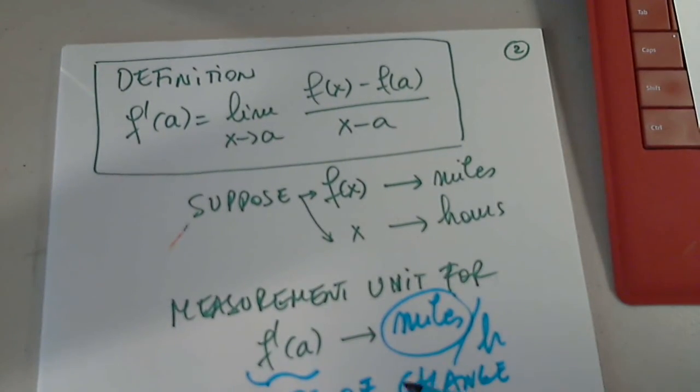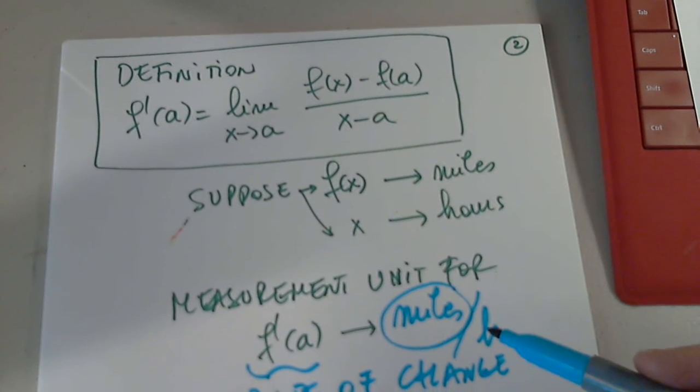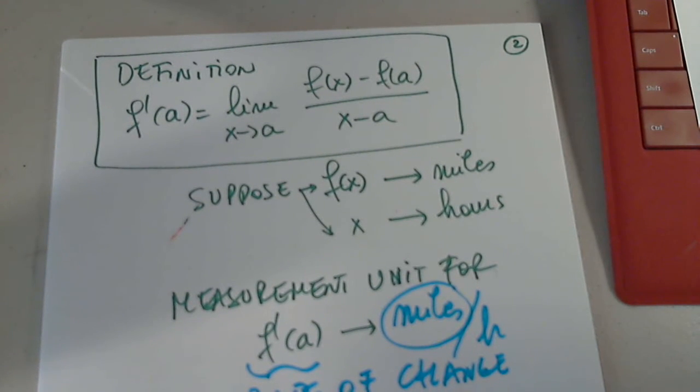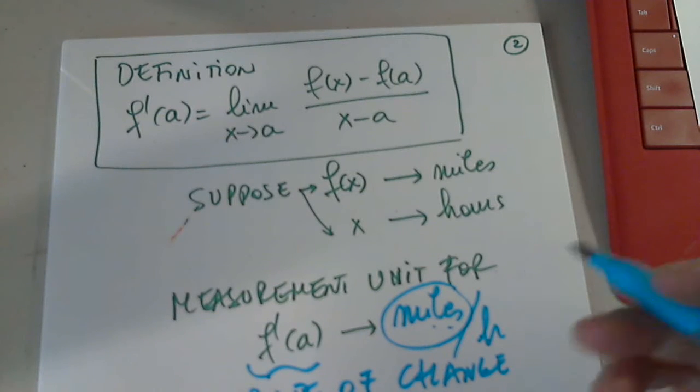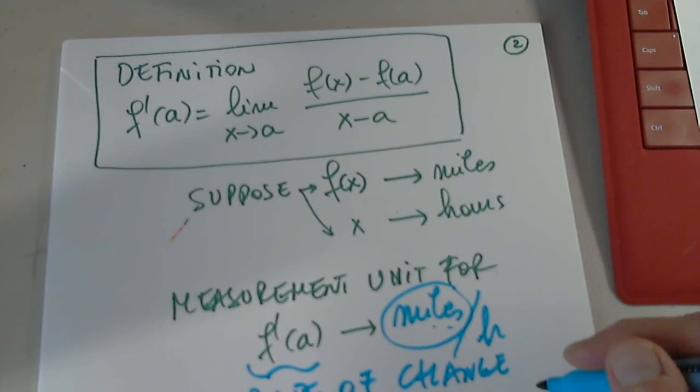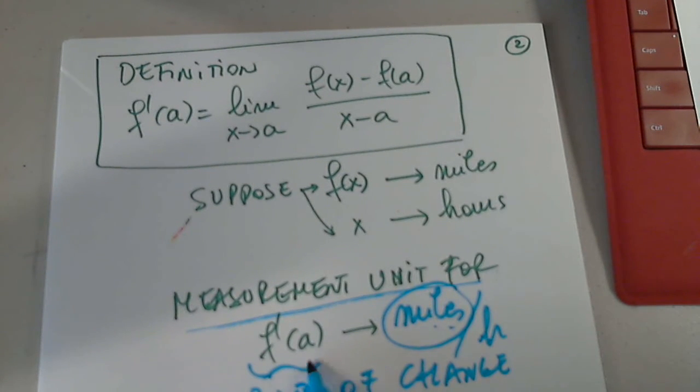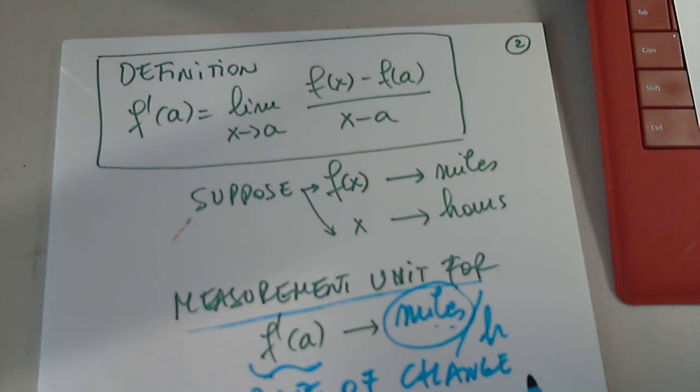So you can say kilometers per hour, atmosphere per inch, cubic feet per hour, temperature per minute, dollars per unit. But the measurement unit for a derivative has to be the measurement unit for a rate of change, which has two measurement units.